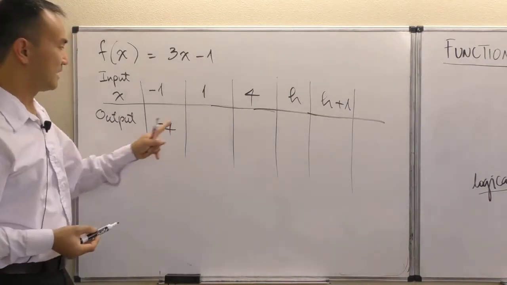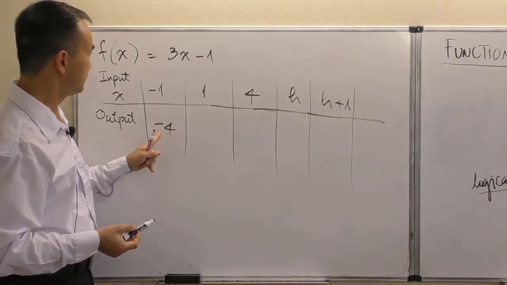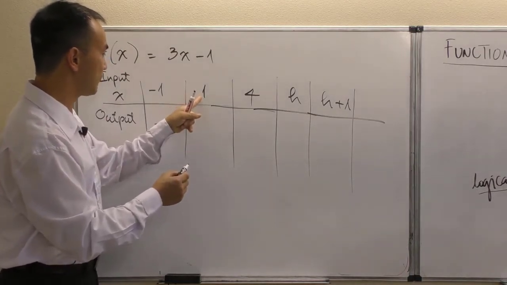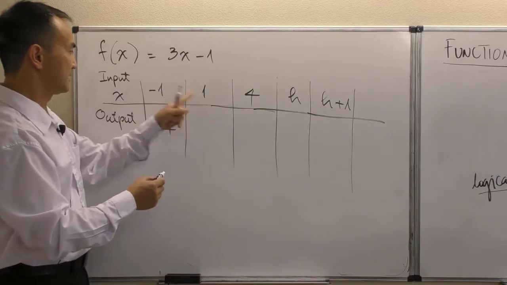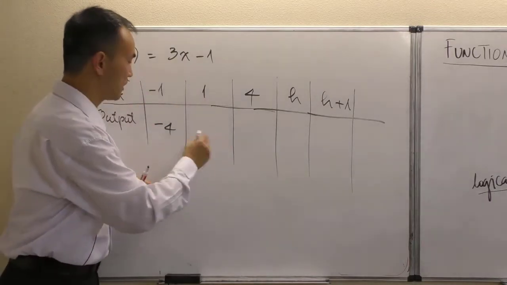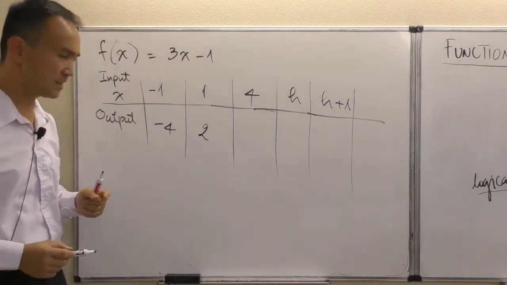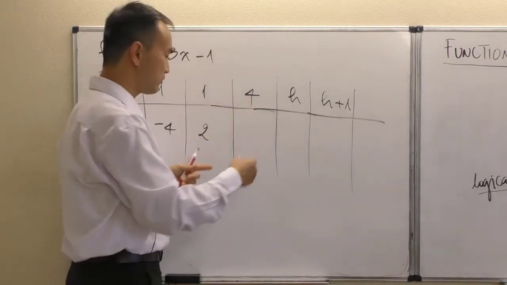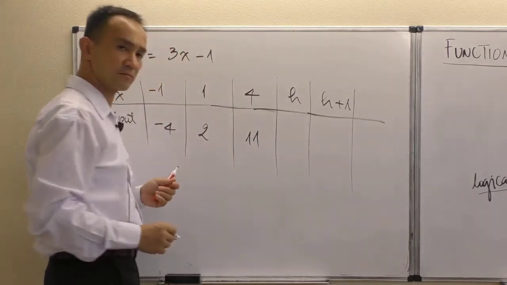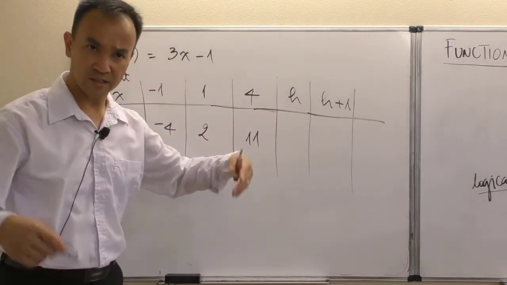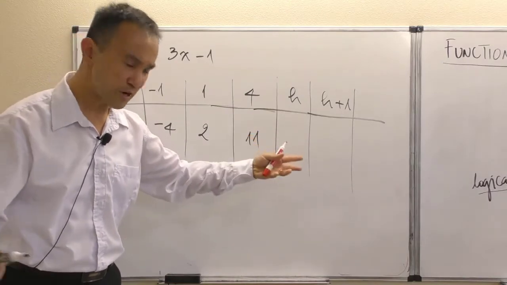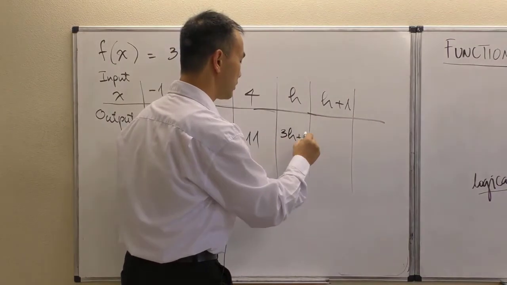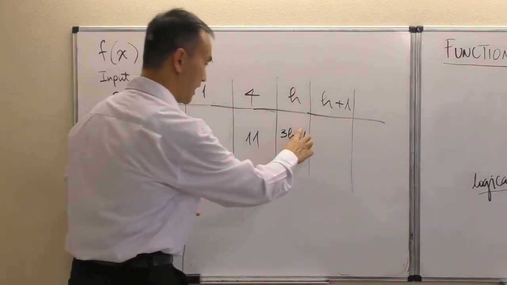When it came to f of 1, when the input was 1, then our final output was 2. When the input was 4, we came to the output being 11. And when our input was a little bit abstract, h, then we came up with 3h minus 1.